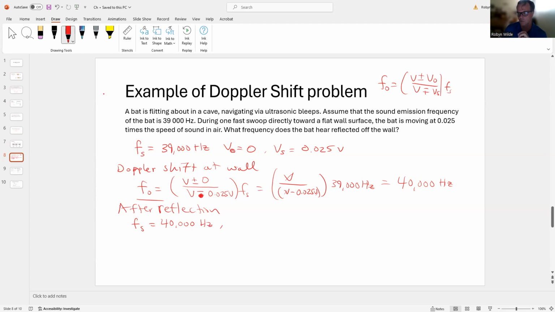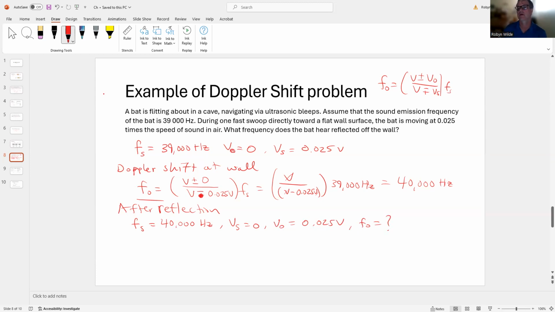And our source speed is 0 because it's now become the wall. So upon the reflection, it's as if the wall acts like a new source of sound with the new frequency. And so our observer speed is the 0.025 v, and we're looking for an observer frequency that is what the bat is going to hear.